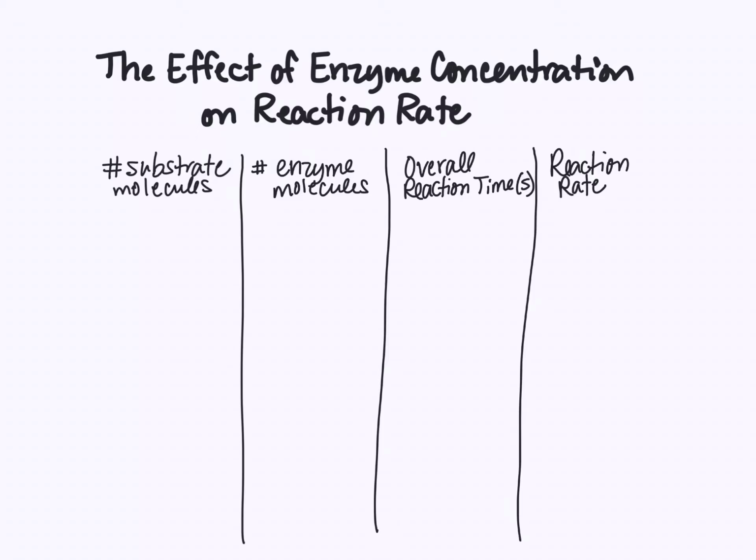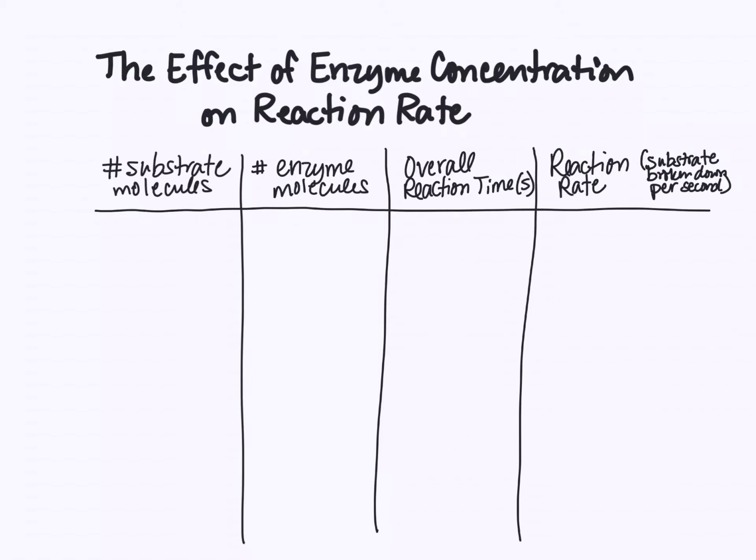So we can give it a unit of substrates broken down per second. Now, for the sake of this demonstration, we're going to keep the number of substrate molecules the same. So we're not going to change the number of substrate molecules present. We're only going to change the number of enzyme molecules present.